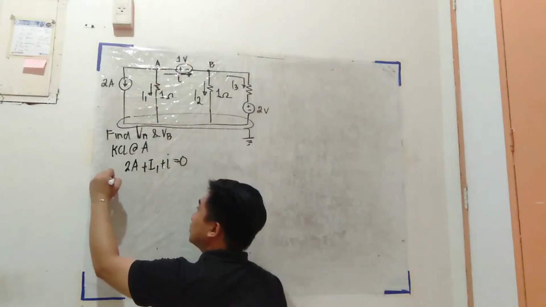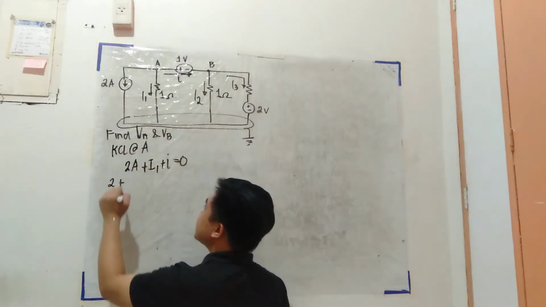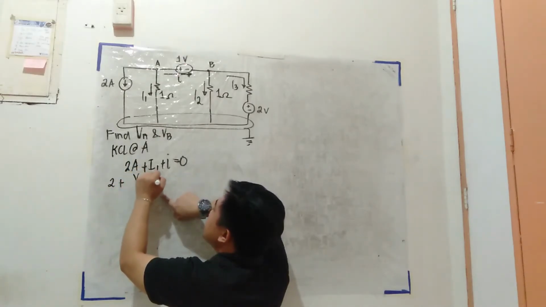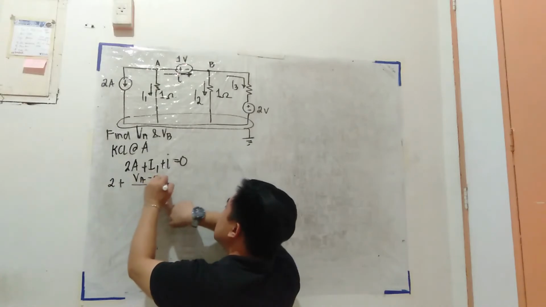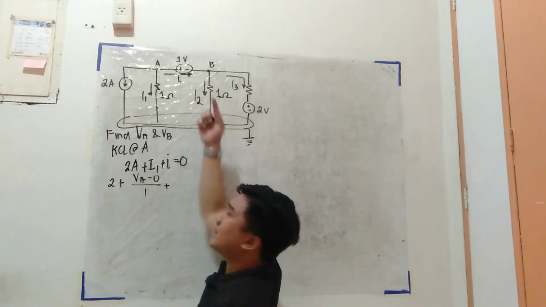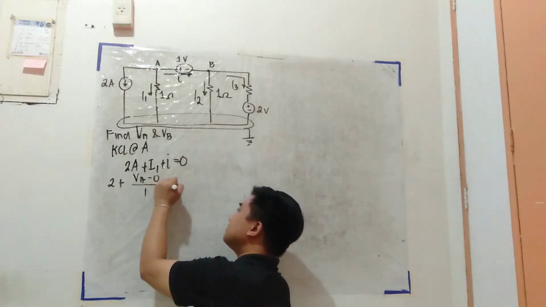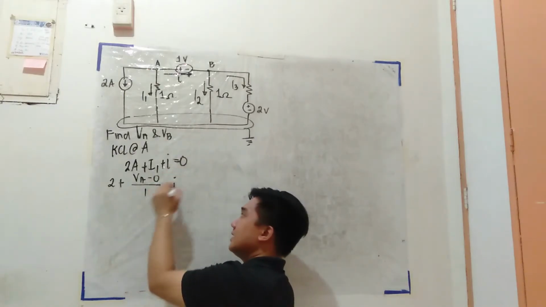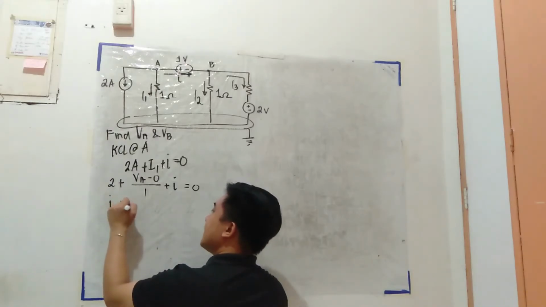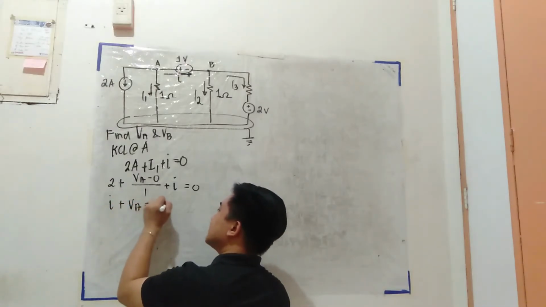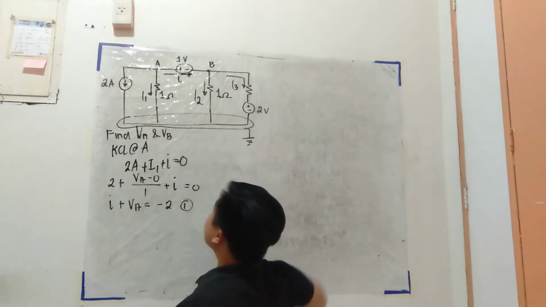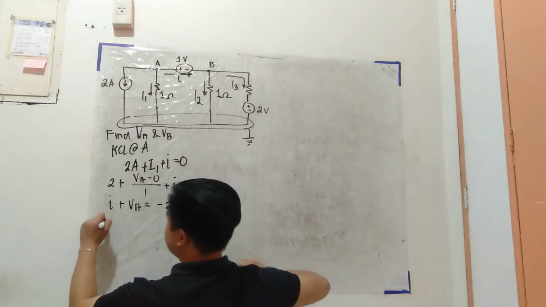So, 2 plus I1, that's VA minus 0 over 1, plus, paano si I? VA minus VB, walang resistance. Maintain na lang, plus I. Okay? Equals 0. So, I plus VA equals negative 2. Equation number 1.